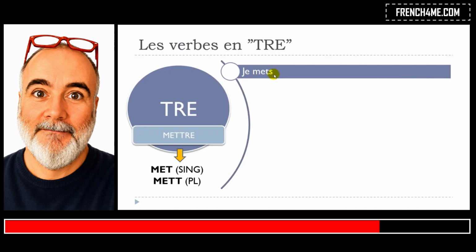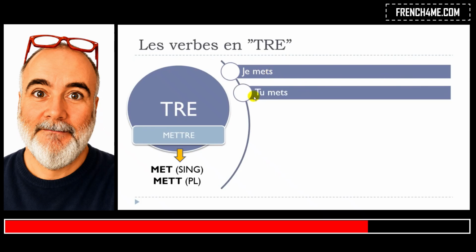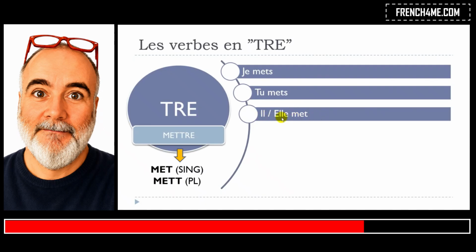So, je mets. So you can see that now, as we saw, you put back this M-E-T, so the root, and then you add here the ending, S. Tu mets, il met, elle met. Okay? So then now, for the plural form, we should put back this M-E-T-T, and after that we will put the ending.